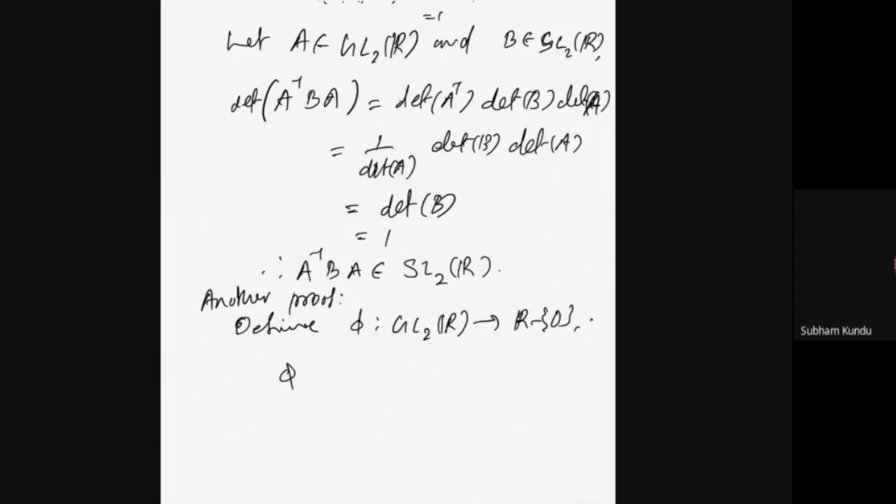Phi of A is nothing but determinant of A. Then phi of AB is determinant of AB, so determinant is multiplicative.